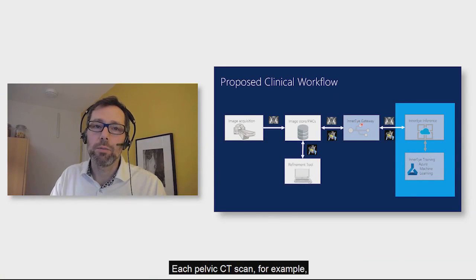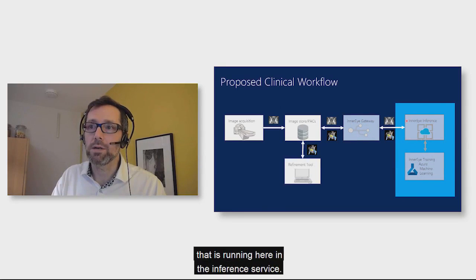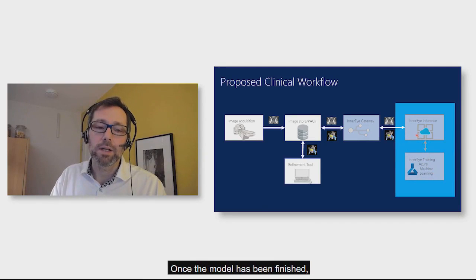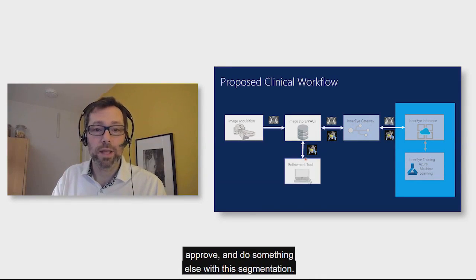Each pelvic CT scan, for example, could now be sent by the gateway to a prostate segmentation model that is running here in the InnerEye inference service. And this model again comes out of the Azure Machine Learning training. Once the model has finished, it would send back a segmentation that again goes back into the PACS system, and doctors can now inspect, correct, approve, and do something else with this segmentation.